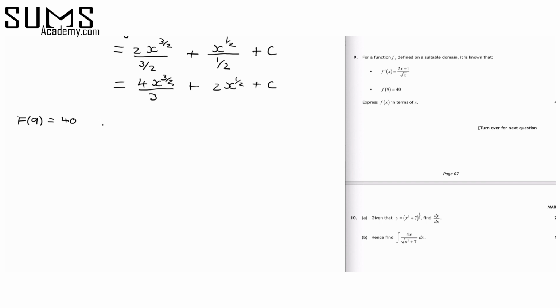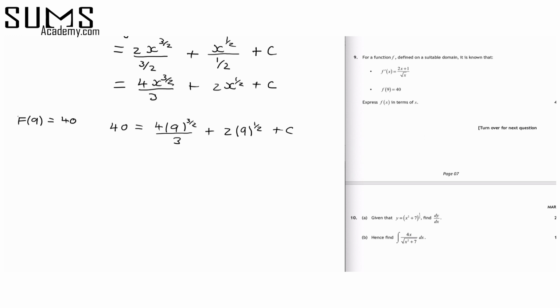So we're going to sub that into the equation. So 40 is equal to 4 times 9 to the 3 over 2 over 3, plus 2 times 9 to the power of 1 over 2, plus c.